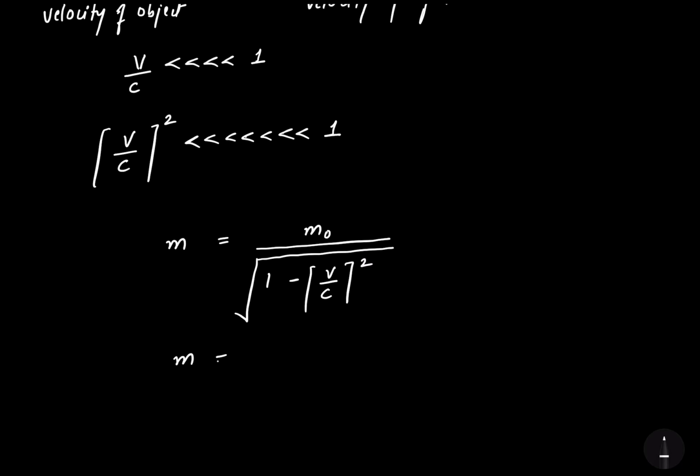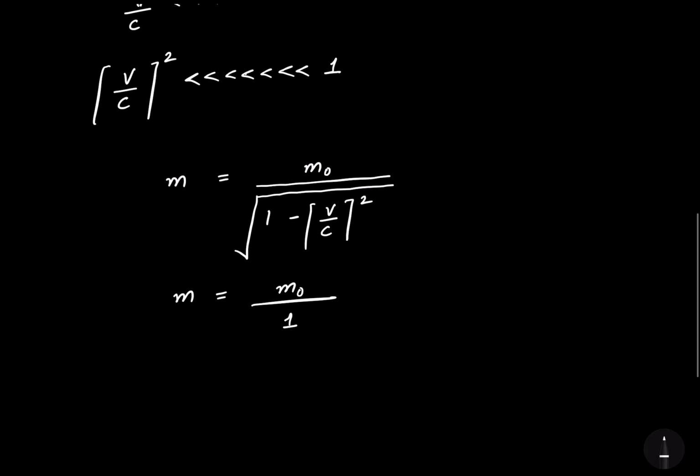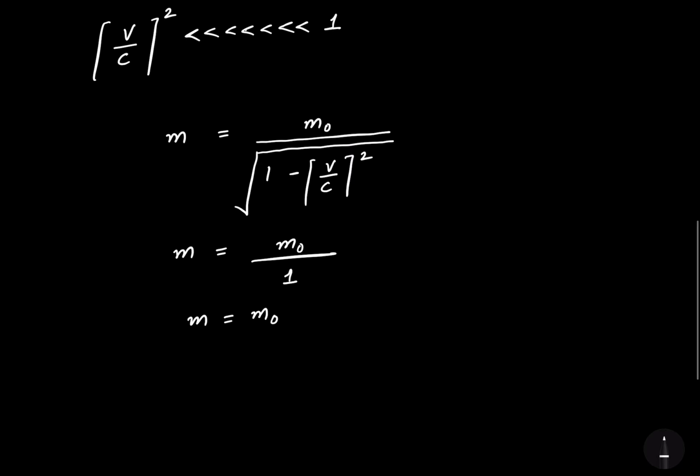It comes out to be m is equal to m naught divided by only 1, because v by c is very much less than 1. We are left with just 1, and the root of 1 is 1. So it's just m is equal to m naught divided by 1. That means under ordinary conditions, the mass of the moving object is equal to the mass of the object at rest.